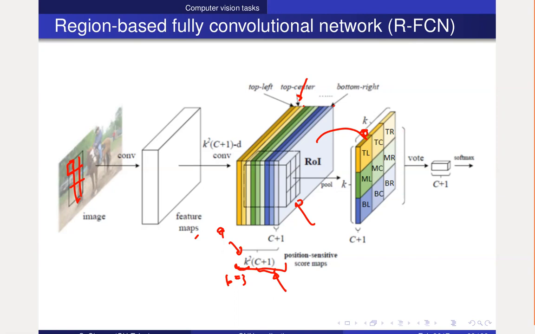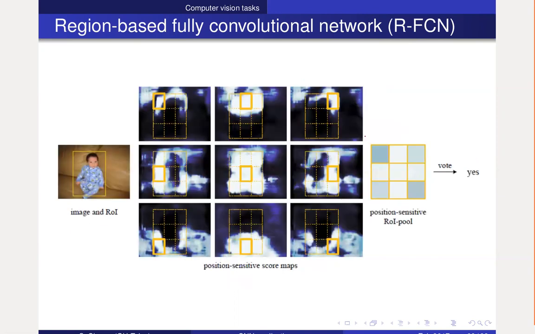The voting will be simply adding them together. So this will be an example. Let's say I have a baby here. What I mean is, for the k squared subregions here, I have the top left and top center and so on, different regions.